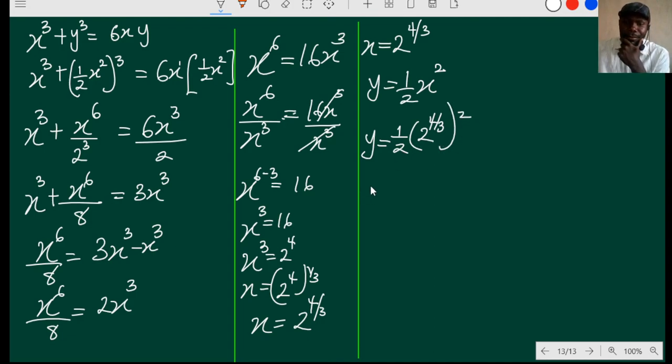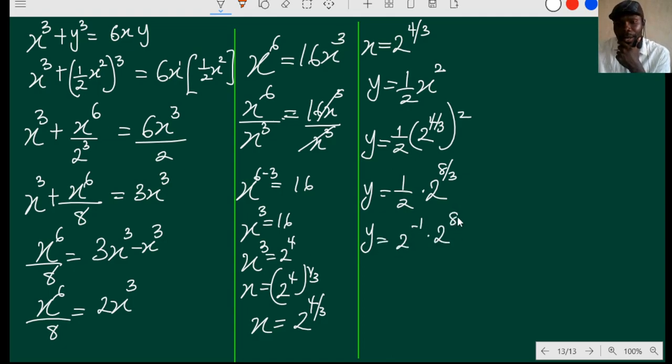So therefore, since it is now squared, we have y equal to half times 2 raised to the power 8 over 3. But recall, y can also be 2 raised to the power minus 1 times 2 raised to the power 8 over 3.